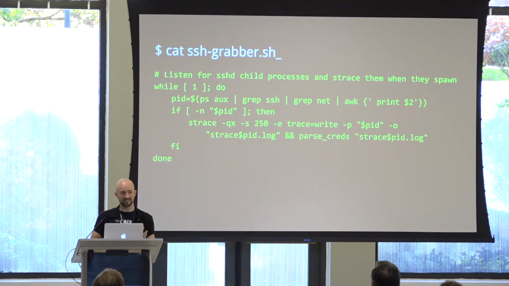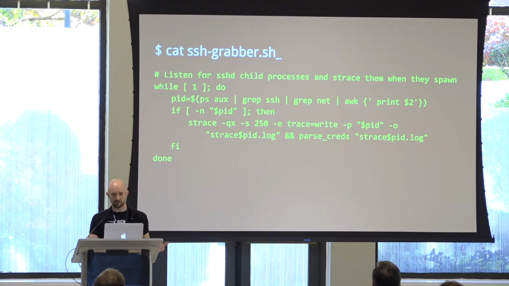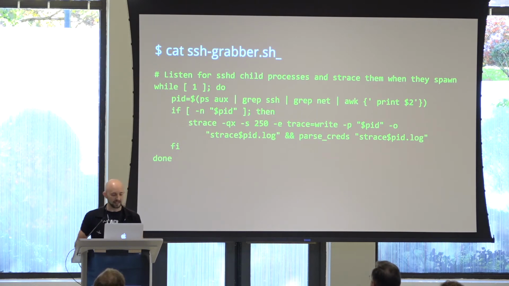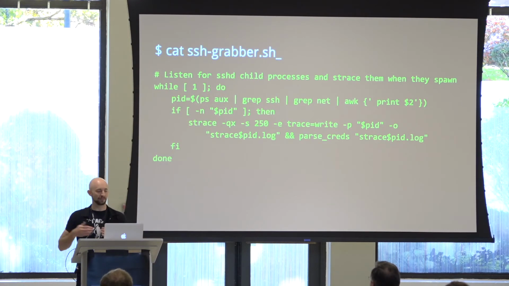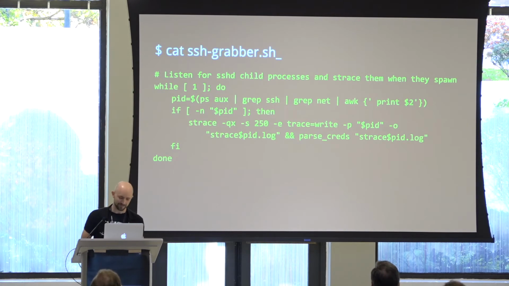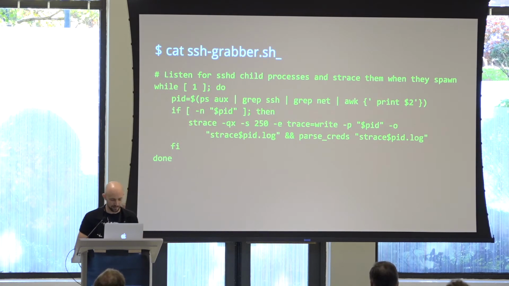It never finishes, which means we don't have an easy way to pipe its output to our parsing function. So even though this is a little bit less clean, using PS to monitor manually for those processes allows us to pipe the output every time a session closes. Make sense? And if somebody knows a better way to code this than me, feel free to fork this in GitHub and improve it.